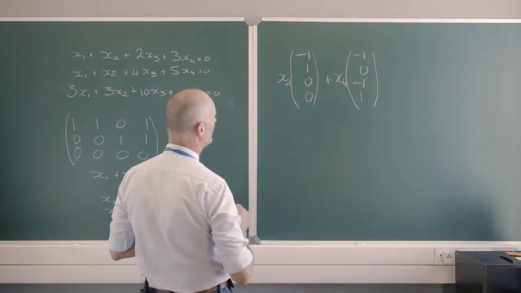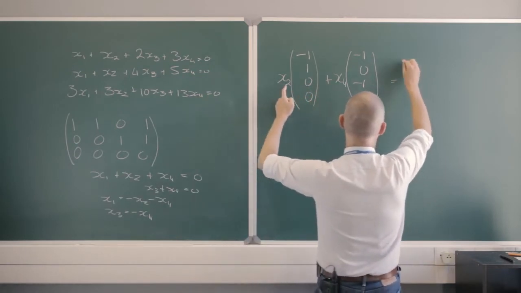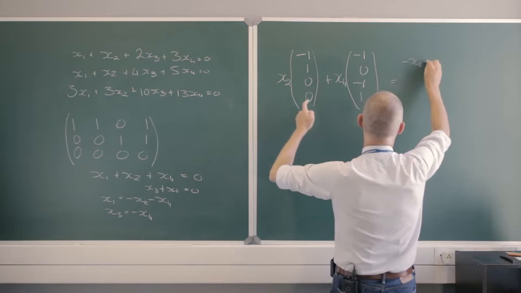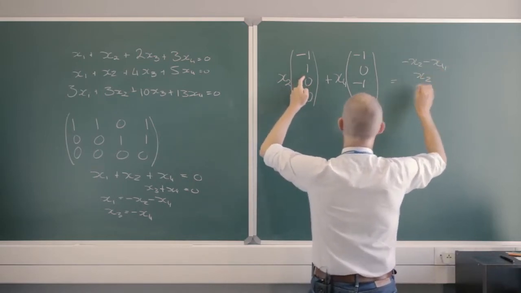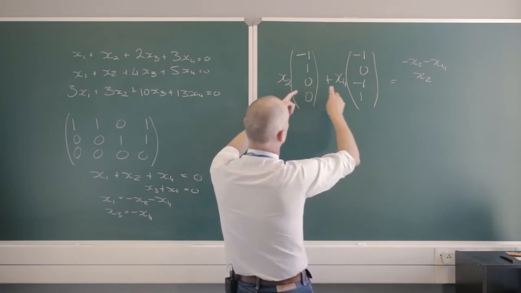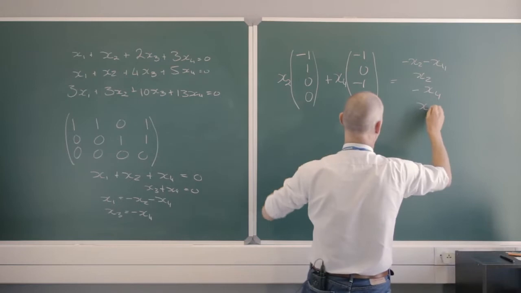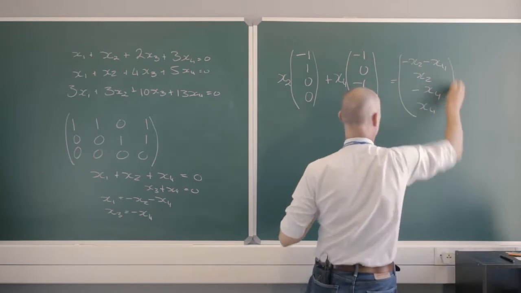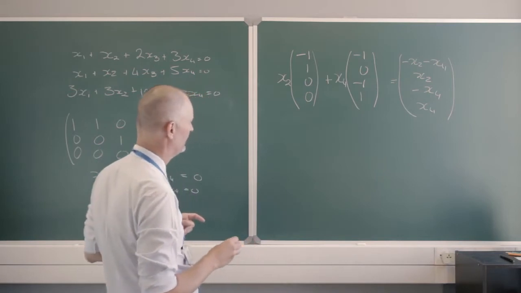So let's do linear combinations of those. So that is going to be minus x2 minus x4. There's going to be an x2 there. I'm just adding them up. And there's going to be a minus x4, and there's going to be an x4. That is a linear combination of these two.